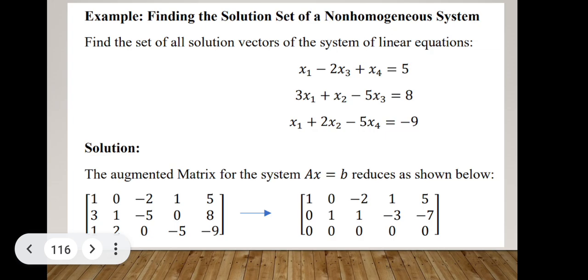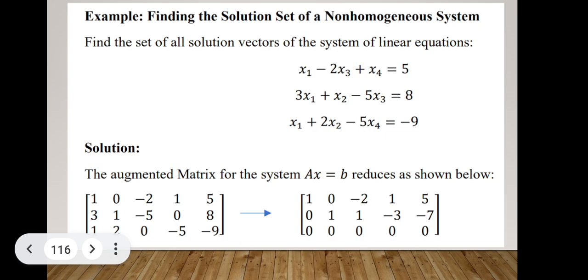Find the set of all solution vectors of the system of linear equations. As we can see in the equations below: x1 - 2x3 + x4 = 5, 3x1 + x2 - 5x3 = 8, x1 + 2x2 - 5x4 = -9.